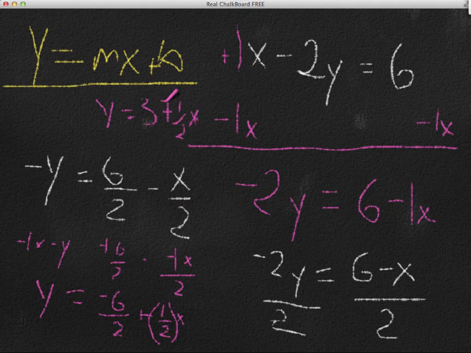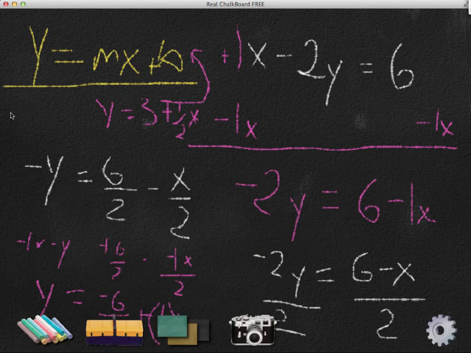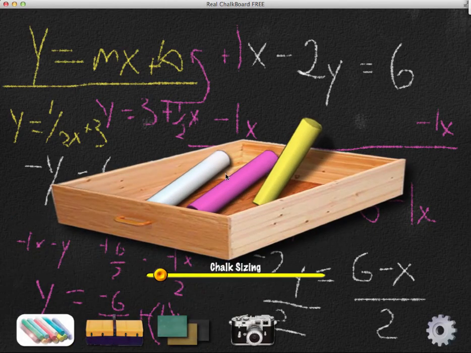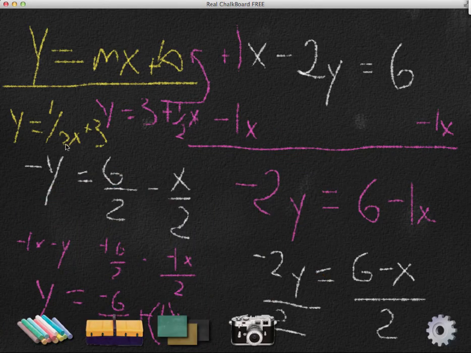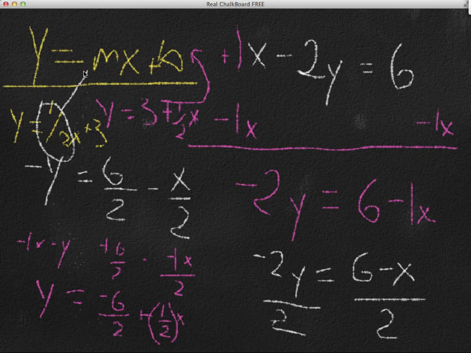So if I put that in this format here, now I should get y equals 1 half x plus 3. And my slope in this case is 1 half, because of this.